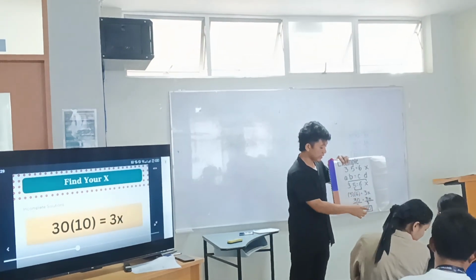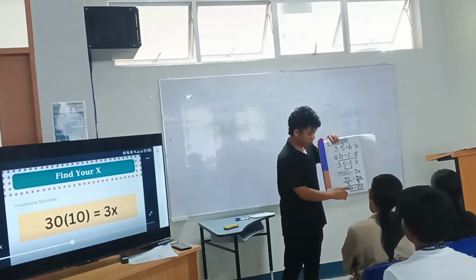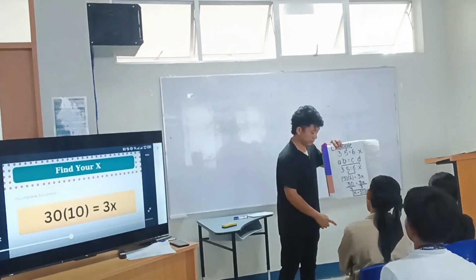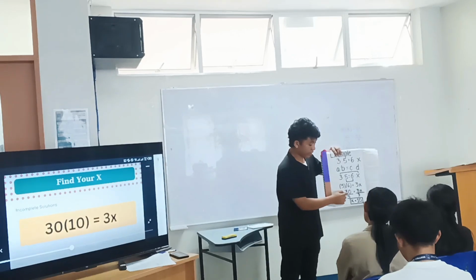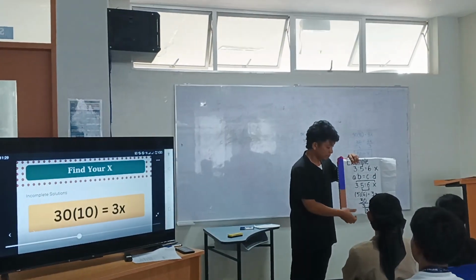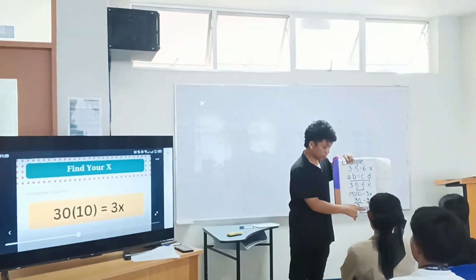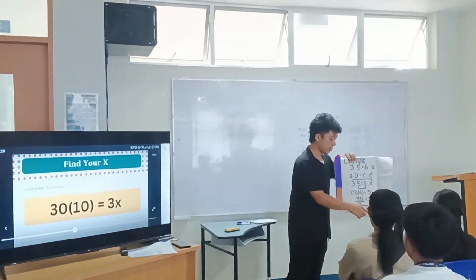So it's understandable that x has 1 beside it. And 30 divided by 3, what's the answer? 10. So the value of x here is x equals 10. So this is the final answer.